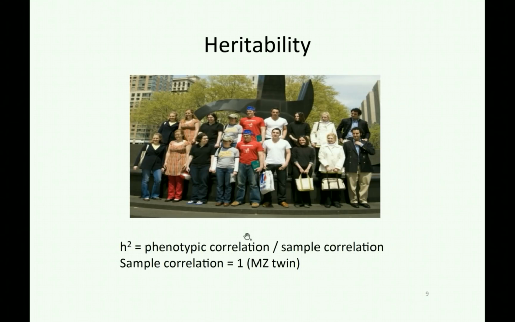That's simple, right? Then this phenotypic correlation can be scaled by the sample correlation. In this case, the sample correlation is 1. That's because MZ twins have exactly the same genetic property. Their genotypes are the same unless there is mutation. So in this design, heritability is the same as the phenotypic correlation because the sample correlation is 1.